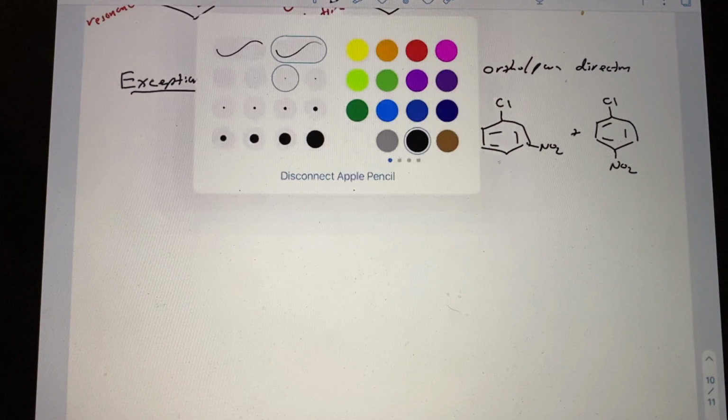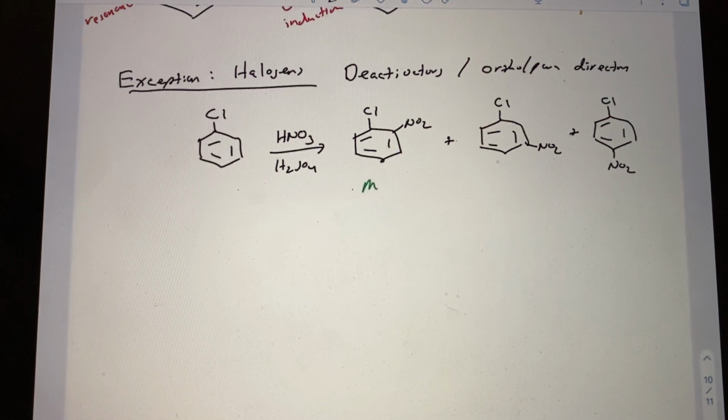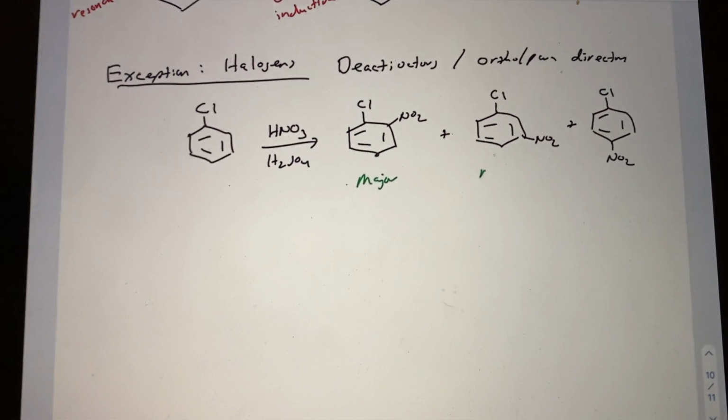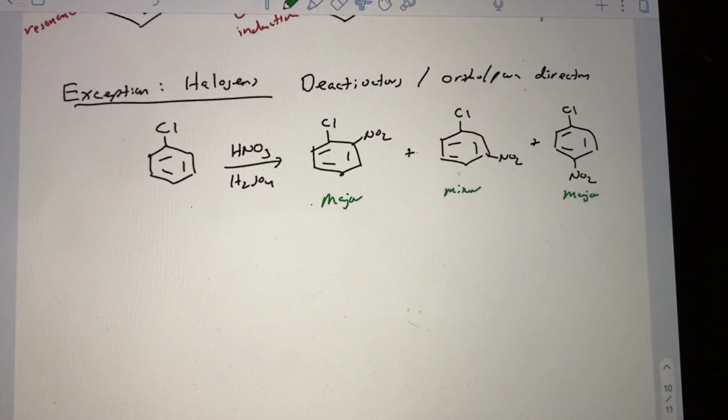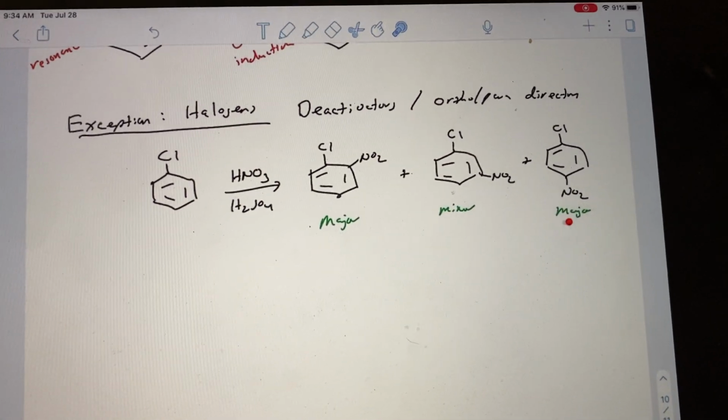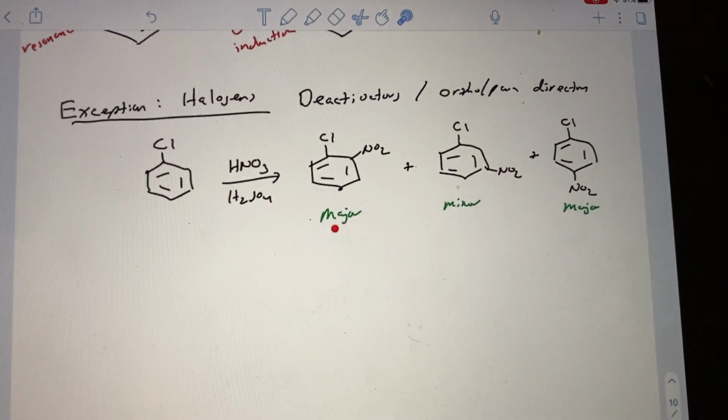However, this would be a major product, this would be a minor, and then this one will still be a major. And who knows, maybe this one is more the major product, but we're not going to split the difference between ortho and para.